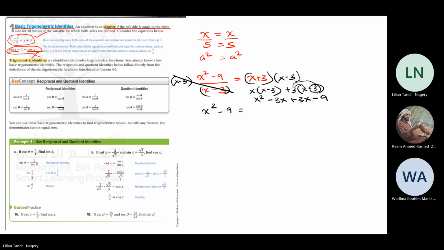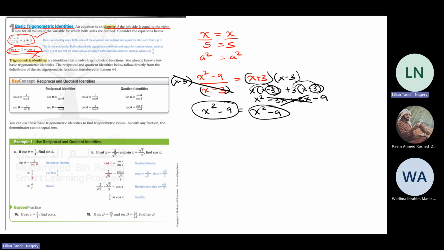So, like that. Okay? And then this becomes 0. So then this becomes x squared minus 9. Identity because the left is the same as the right. Okay? So that is what an identity function or an identity is. Yes, an identity function means the left and the right must be the same.